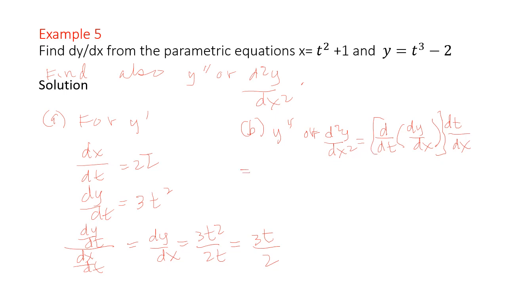Equivalent to d over dt times dy over dx times dt over dx equals d squared y over dx squared.